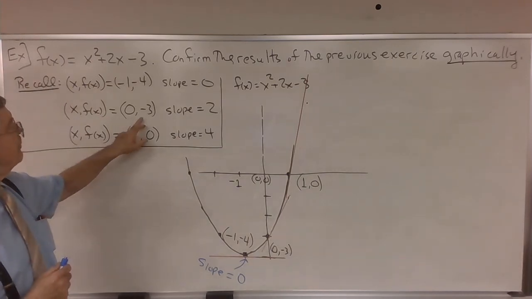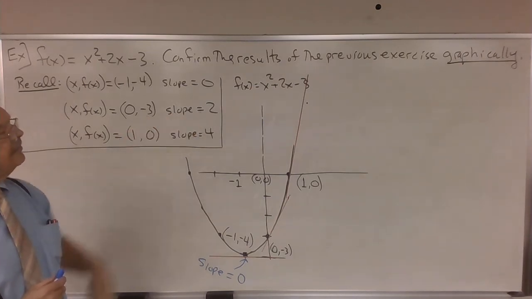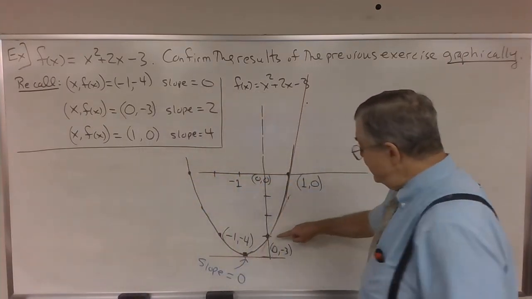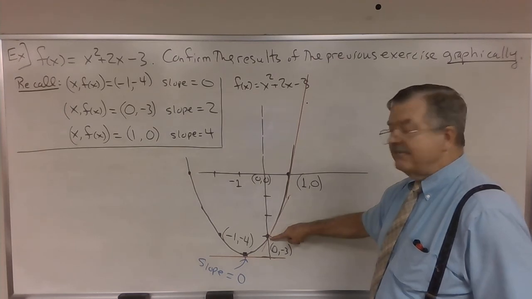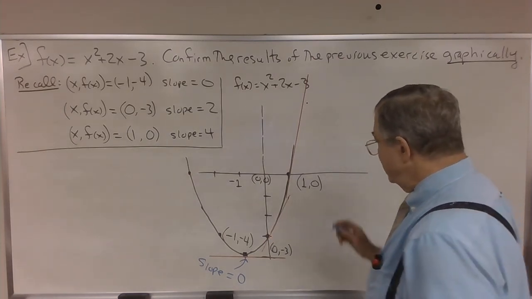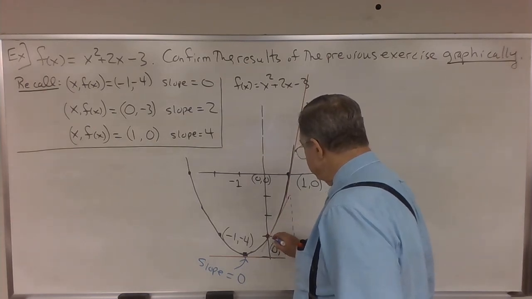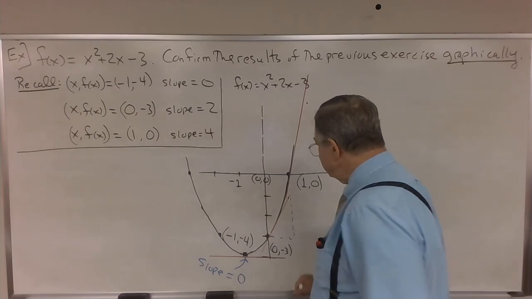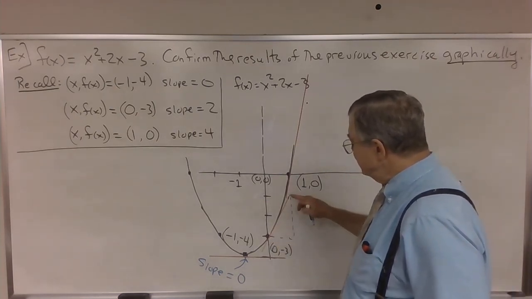Now, from our example, the derivative also told us that at the point 0, -3, the slope should be 2. So I take the point 0, -3 and draw a tangent line to the graph at that point. Okay, now how am I going to compute the slope? I'll pick 2 points on the tangent line. I'll pick this point and I'll pick that point.